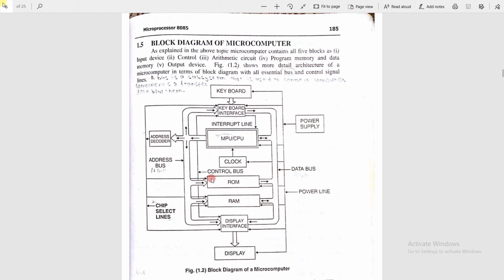ROM is read-only memory, and all the instructions are stored in ROM. So after jumping to the ROM, it gives a response to the keyboard.